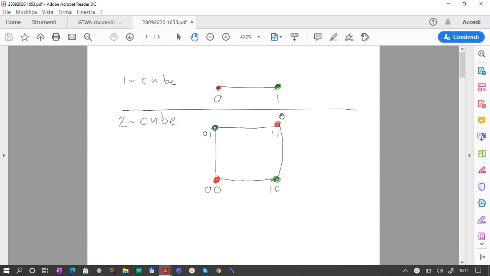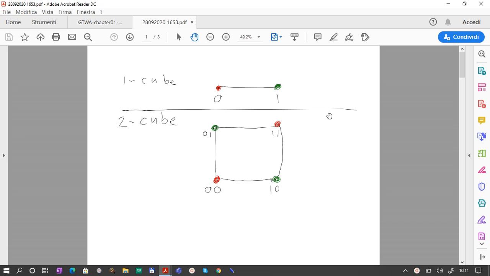The correct definition of a bipartite graph is that you can subdivide the vertex set into two sets whose union covers all the vertex set and which are mutually disjoint, no element in common, so that, and this is the important part, each edge of the graph joins a vertex in one with a vertex in the other part of the partition, okay?